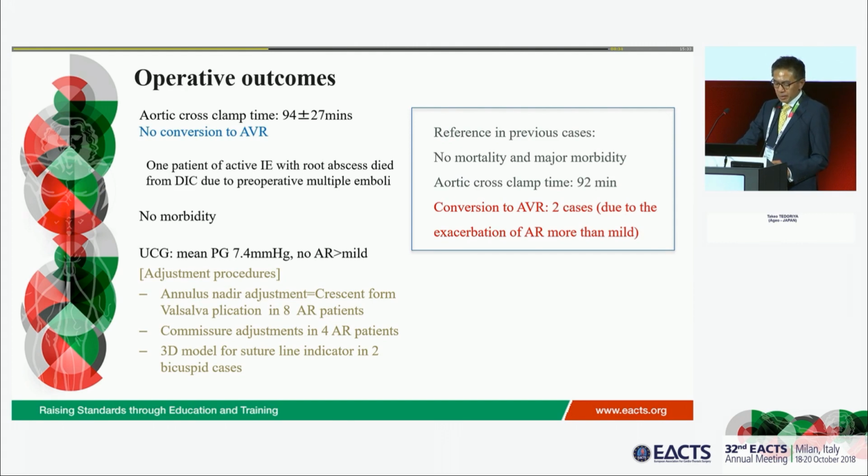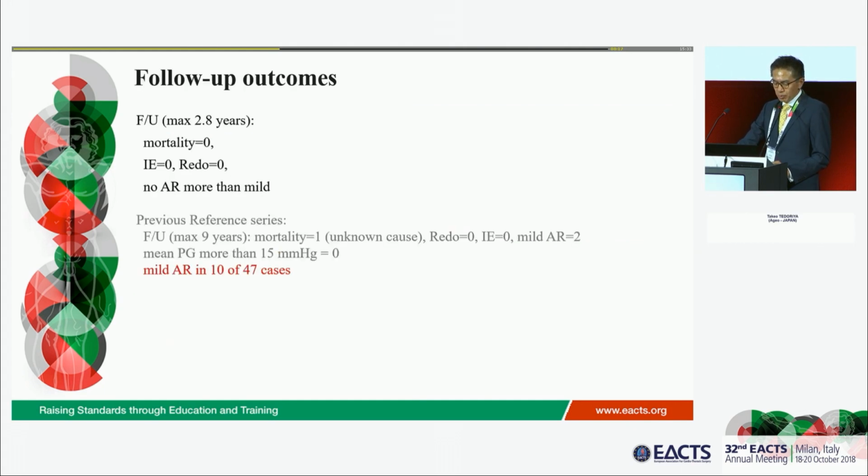So we did additional procedure in 8 patients for crescent form Valsalva plication, and we applied a 3D model for suture line indicator in 2 bicuspid cases. So of course, the follow-up is very short, but so far we had no AR and no redo case and no IE. And previous reference cases also not so bad, but mild AR occurred in 10 cases in 47 cases.